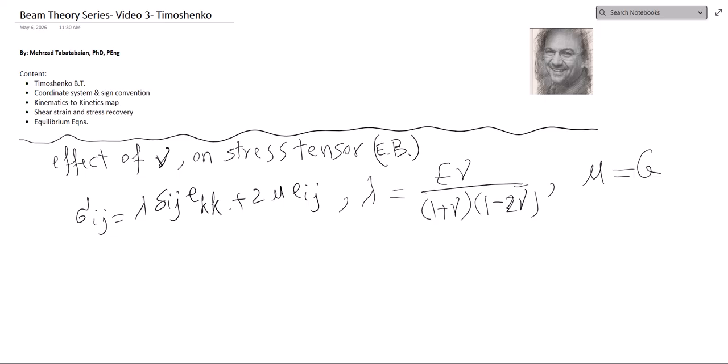Now, if you write these things in terms of the Young modulus of elasticity and shear modulus of elasticity, we will get sigma 1.